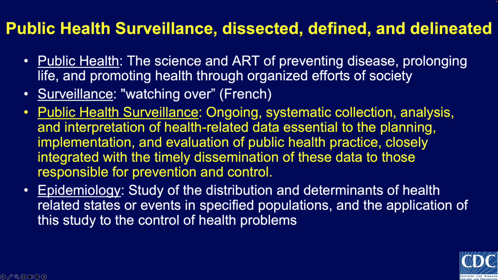They define public health surveillance as the ongoing systematic collection, analysis, and interpretation of health-related data, essential to the planning, implementation, and evaluation of public health practice, closely integrated with the timely dissemination of these data to those responsible for prevention and control. And this last part about dissemination, I tried to emphasize in some of the earlier lectures how an important part of what, for example, William Farr did with his annual report on births and deaths in England.